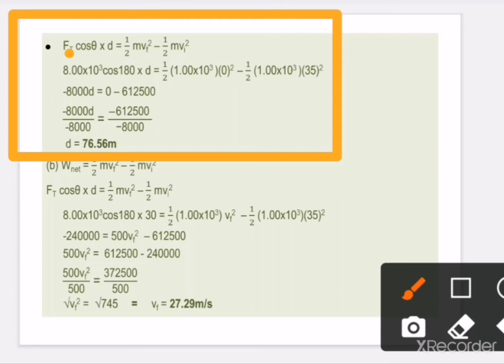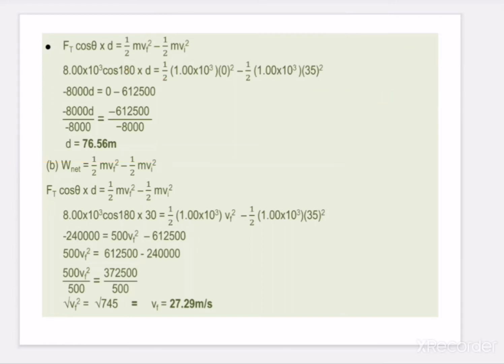So that means this force is actually opposing the motion. Okay? So if our vehicle is moving in this direction, then that force acts in the opposite direction. If that force is opposing, the displacement is in the direction of motion, isn't it? So when you look at the angle between these two, notice that's 180 degrees. And that's why you see we have 180 degrees here. So we multiply that by distance d, which we don't know, which we are trying to find actually. That part of the equation is done.